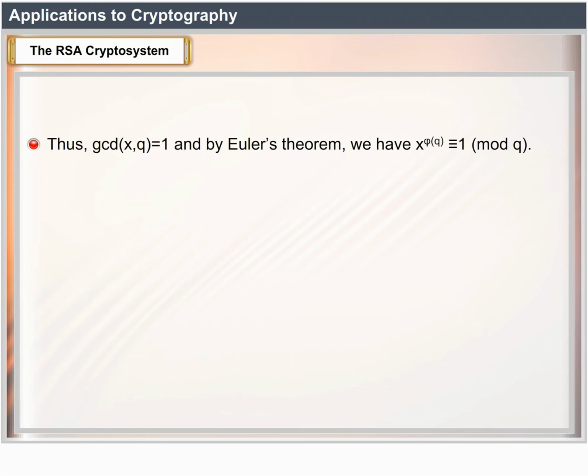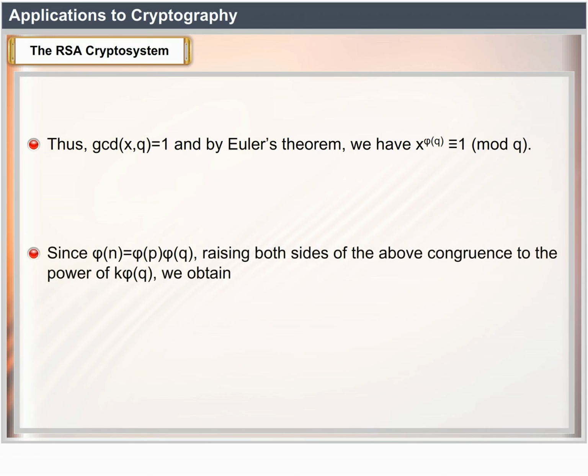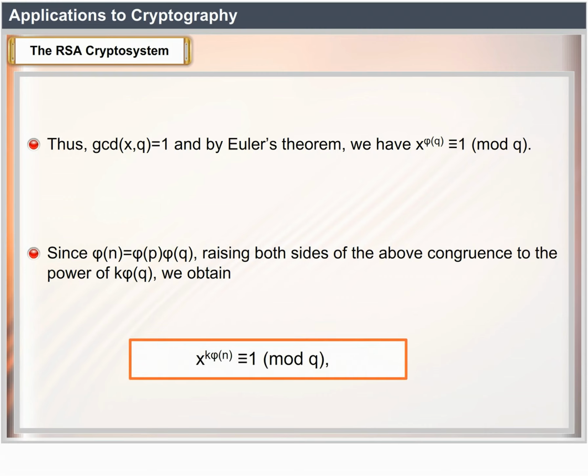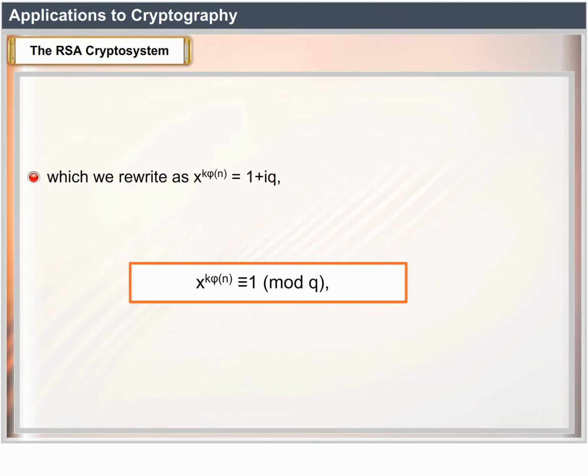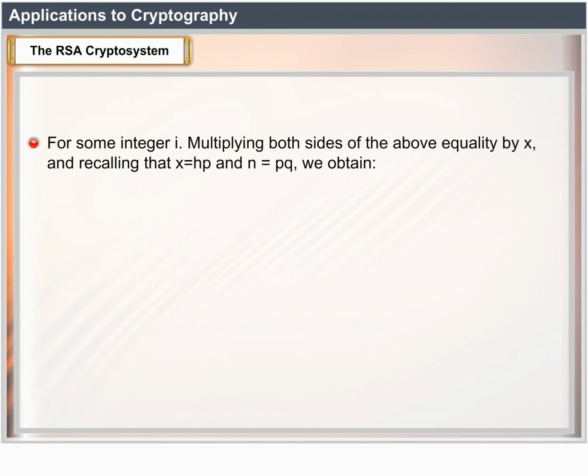Thus, GCD of x and q equals 1, and by Euler's theorem, we have x^(phi of q) equivalent to 1 mod q. Since phi of n equals phi of p times phi of q, raising both sides of the above congruence to the power of k phi of p, we obtain x^(k phi of n) equivalent to 1 mod q, which we rewrite as x^(k phi of n) equals 1 plus iq for some integer i.